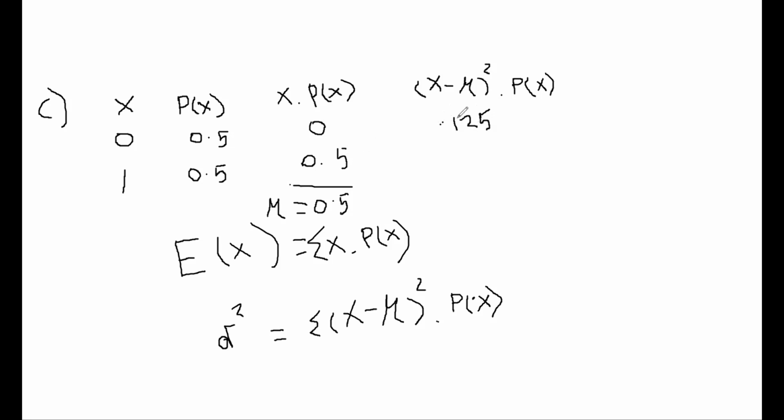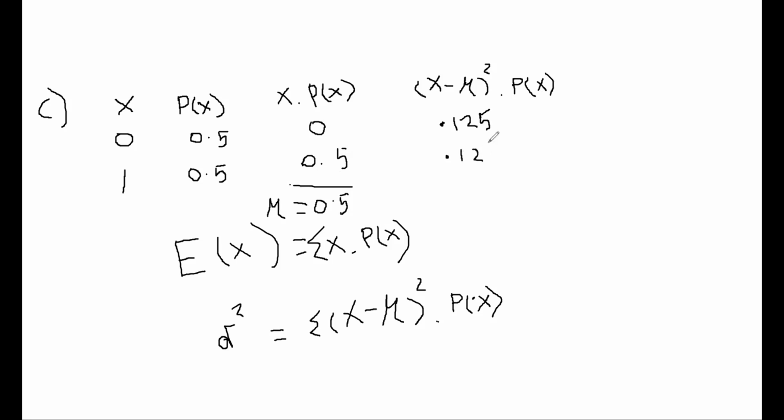For the second one, 1 minus mu, 1 minus 0.5 is 0.5. Then square it. If you square it, you will get 0.25. 0.25 times probability of x. Probability of x is 0.5. So 0.25 times 0.5 is again 0.125. Do it in your calculator.